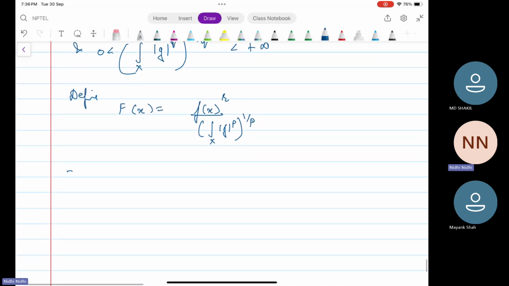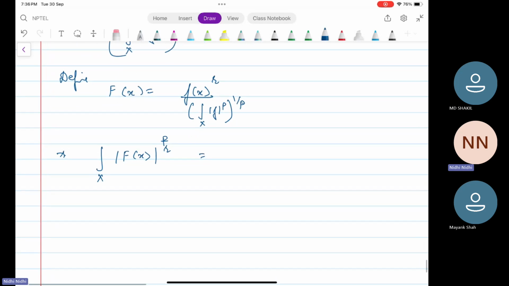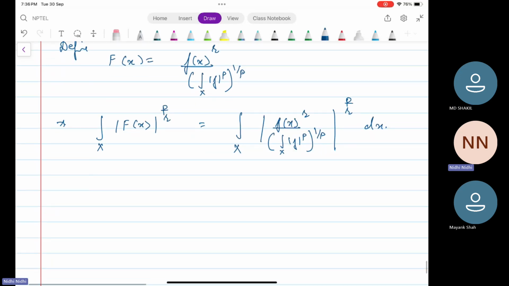So this implies the integral over X of |F(x)|^(p/r), taking power p/r in the definition of capital F(x), will be f(x)^r upon (integral of |f|^p)^(1/p), to the power p/r, dx. How is it non-zero?